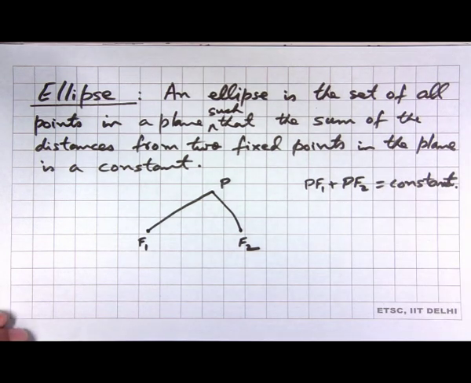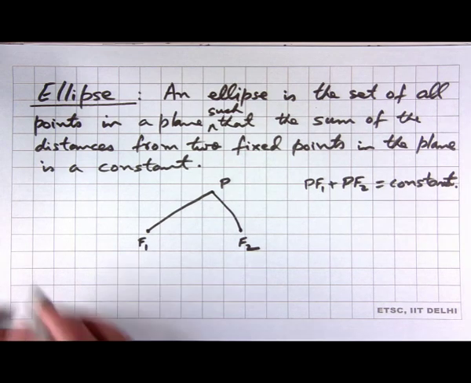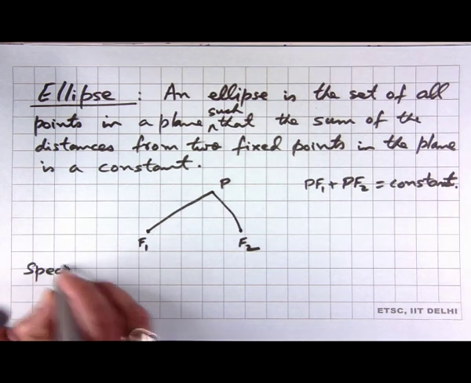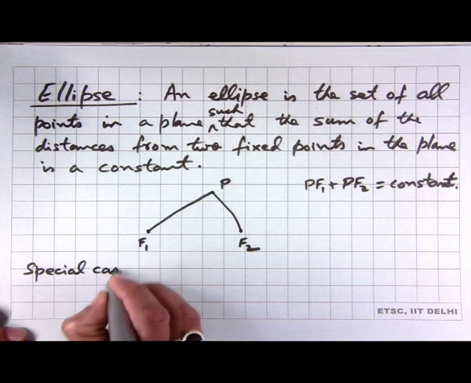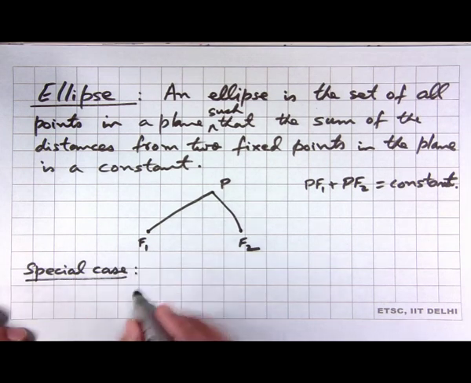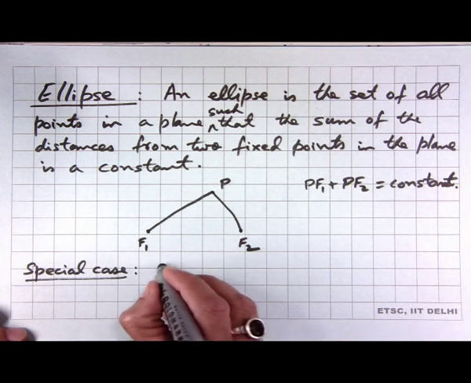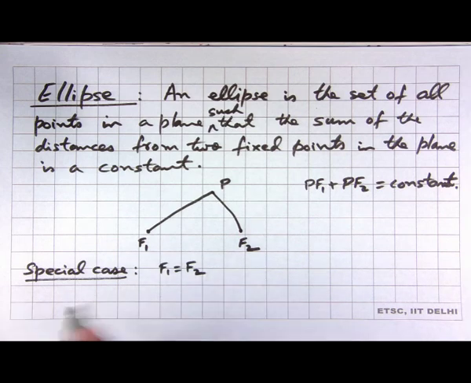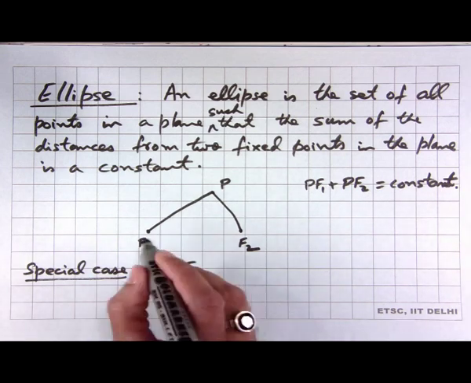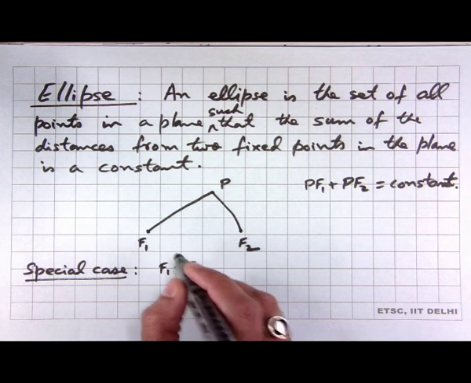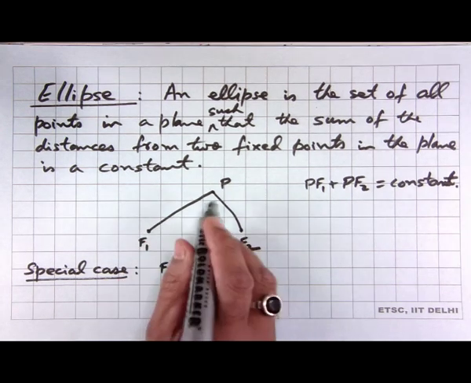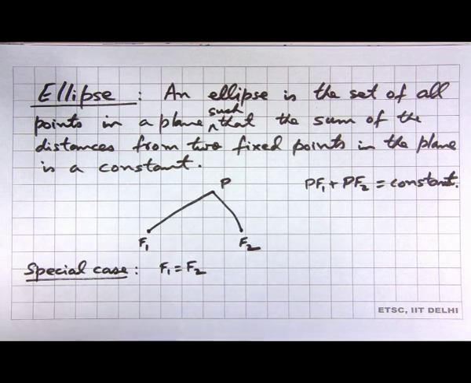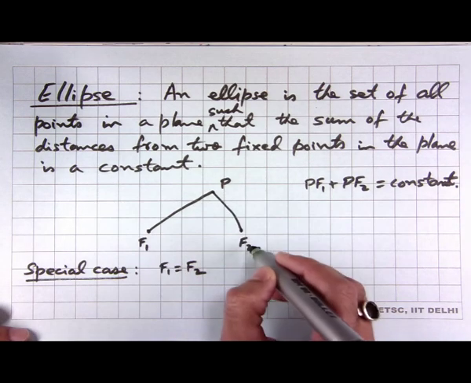Okay. So, a special case is if these two points are the same. If f 1 is equal to f 2, then what do we get? We have only one point, and we are looking for the sum of the distances of points from these two identical points. So, P f 1 is equal to P f 2.